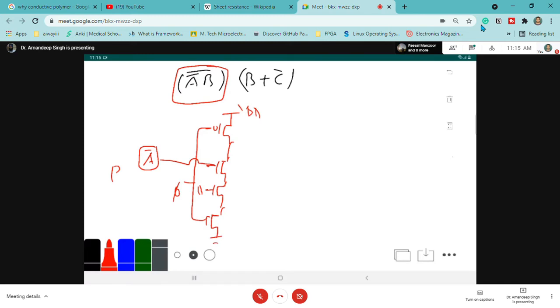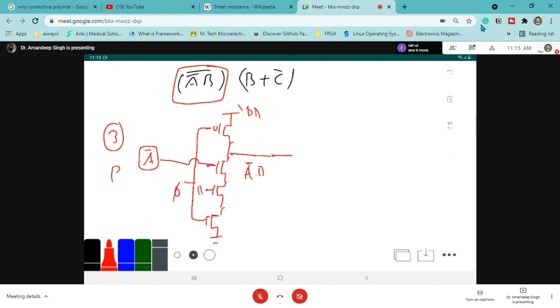It should be PMOS logic, and in PMOS logic, we will use 3 MOSFETs. Okay, you can draw the inverter using PMOS. Further, we got here that this is A bar dot B, whole bar. Now this further gets multiplied with B plus C bar.